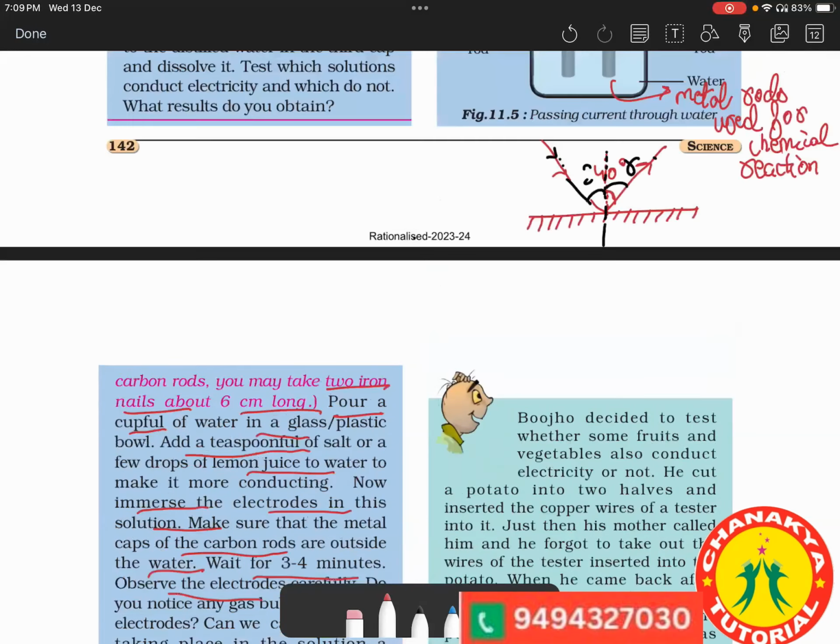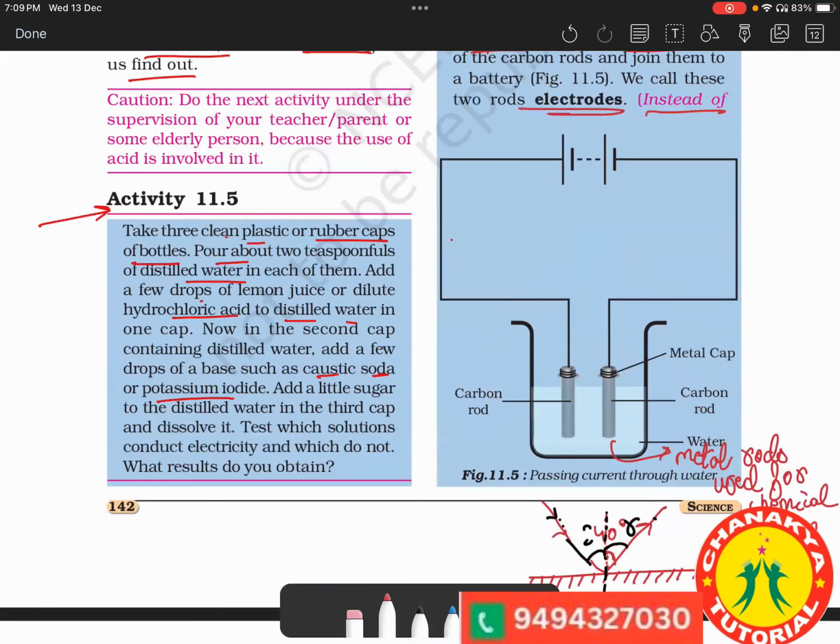So in this experiment, when this carbon rod is dipped, we have used a battery. This battery is supplying electrical current. When this electric current is passed through this solution, some bubbles are forming, and these bubbles indicate that some kind of chemical reaction is taking place inside this solution.